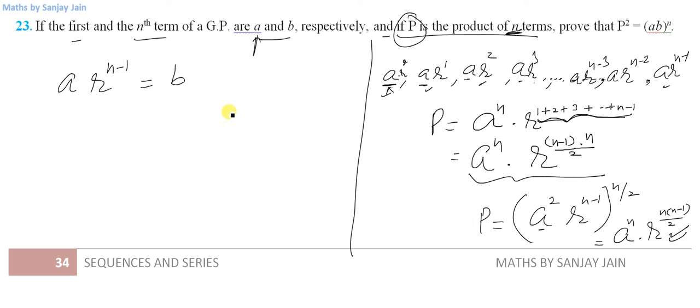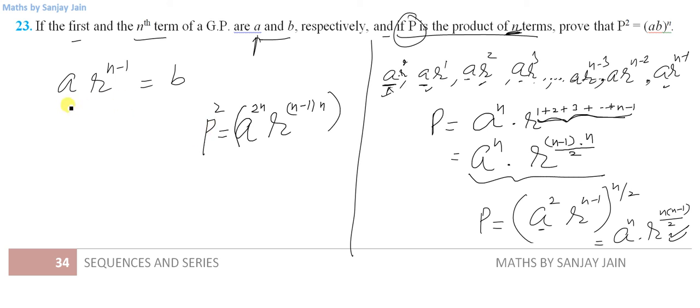So what will P squared be? P squared will be equal to a, r raised to power n minus 1. I am trying to write it like this. So if you square it, here you will have 2n, right? And here you will have n minus 1 into n.